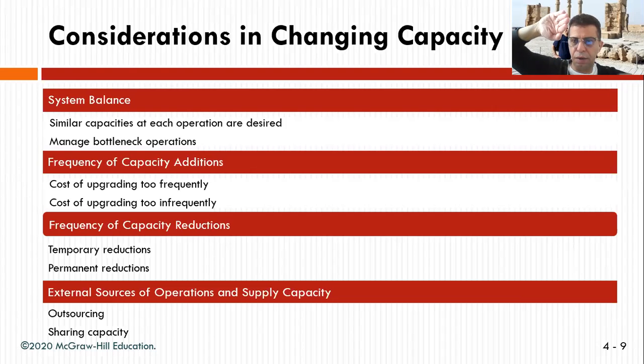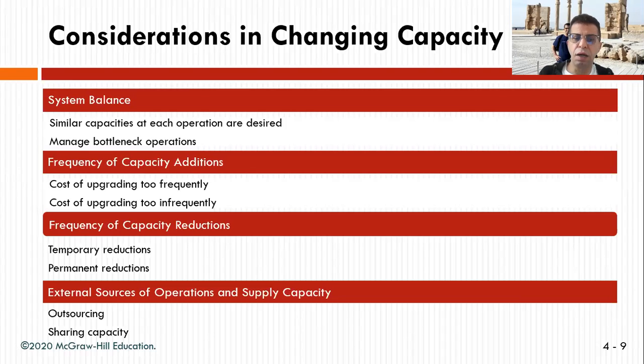The capacity has to be really smooth, because when you turn on the second machine, the hydro plant will provide more electricity. So if you do it infrequently, you will have a shortage in hydro, and if you do it too frequently, it's going to be very costly for you.